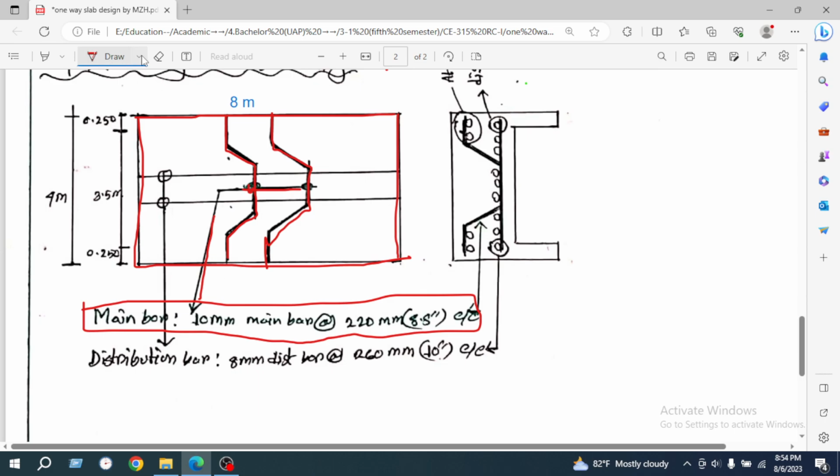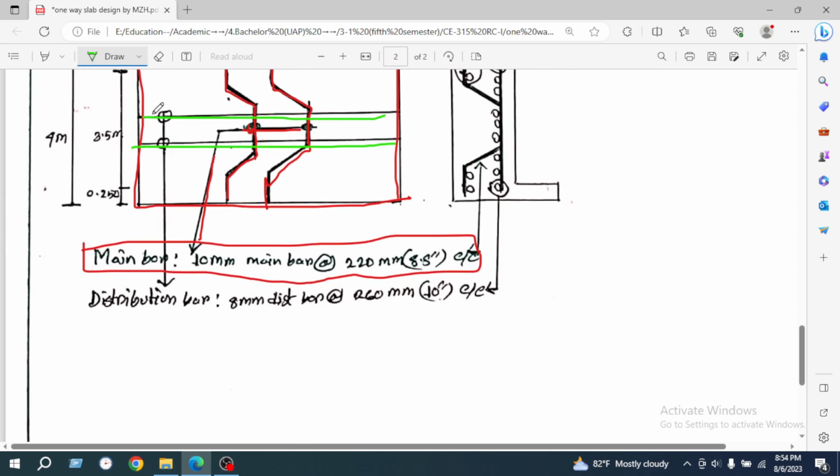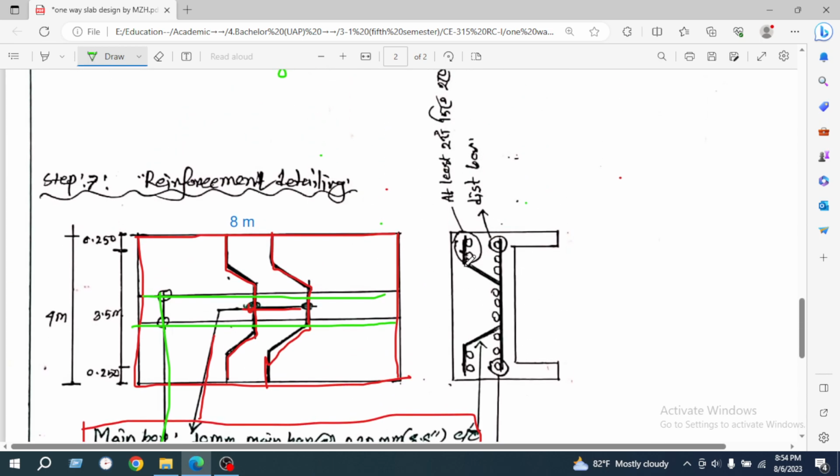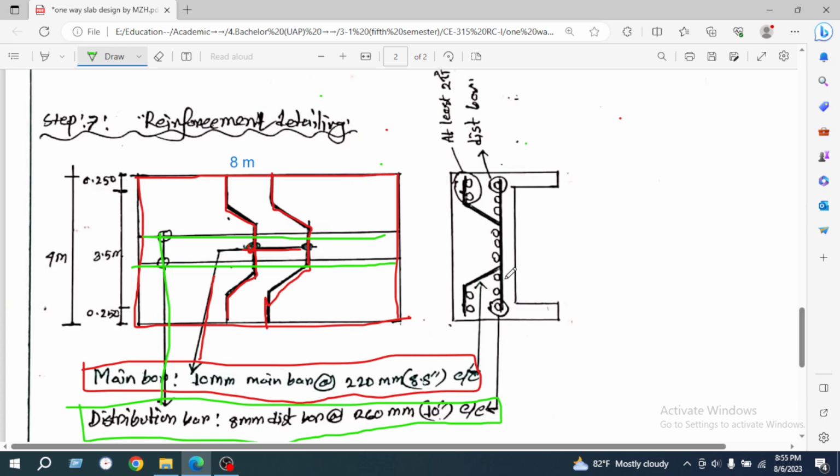On the other hand, we will use the distribution bar in the longer direction. This is our distribution bar. We are using it in the longer direction, perpendicular to the main reinforcement bar. So our 8 millimeter distribution bar is at the rate of 260 or 10 inch center by center. If we see this reinforcement, we can see the cross section given here.